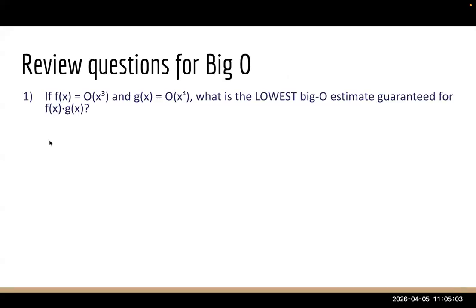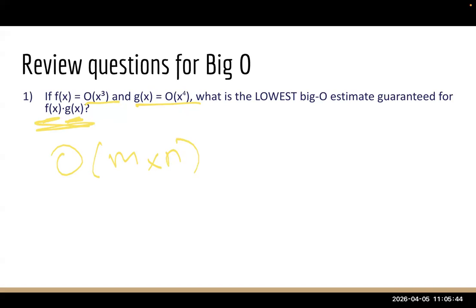Now, review questions for big O. If f(x) is O(x cubed) and g(x) is O(x to the power 4), what is the lowest big O estimate guaranteed for f(x) multiplied by g(x)? So, when you see these two, let's multiply the x values because, as you remember in the product rule, when we need to find the product of two functions, we do O(m) multiplied by O(n).